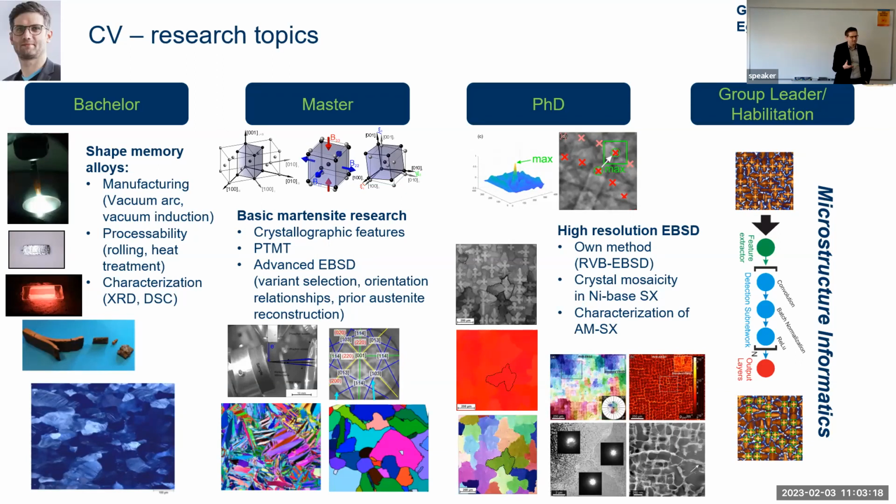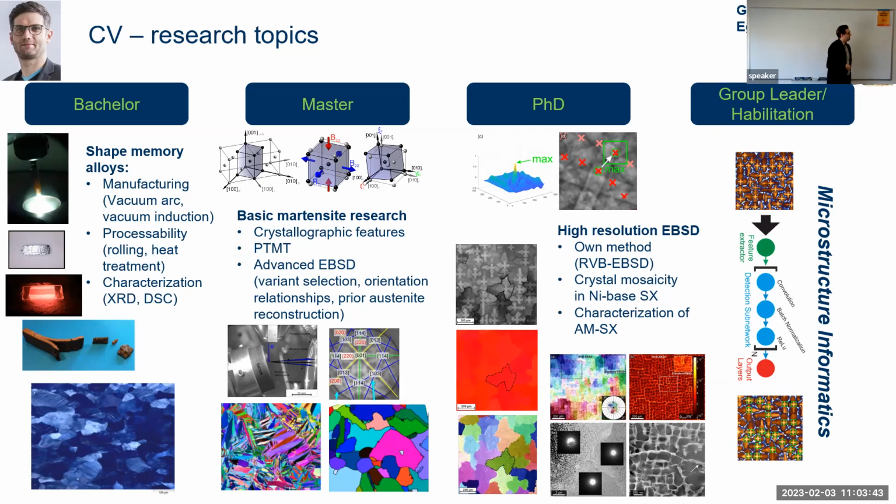For example, if you want to investigate the distribution of grain sizes in austenite. Then later in my PhD, I stayed in the EBSD community and I developed my own indexation method, which has a much higher angular resolution than the conventional software that you can buy commercially. And I used it to characterize very fine misorientations in single crystal nickel-based superalloys.